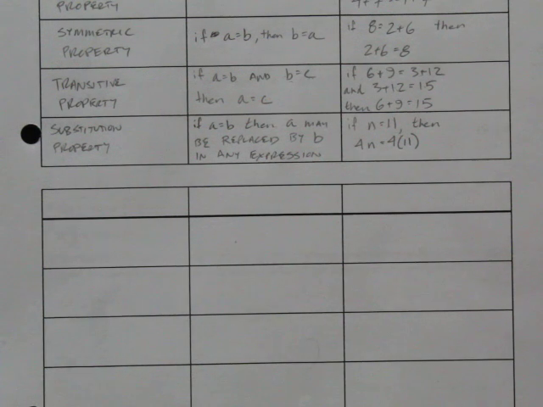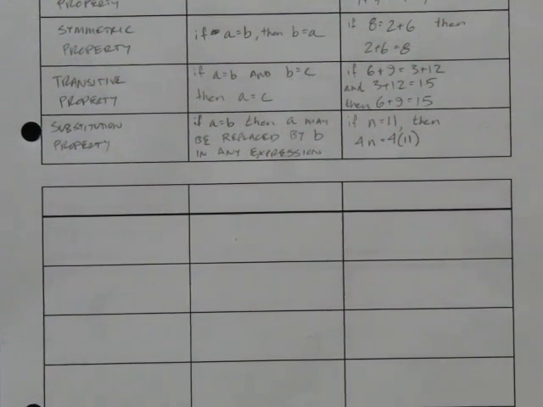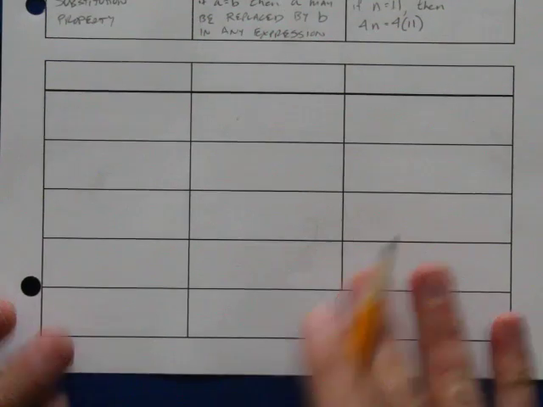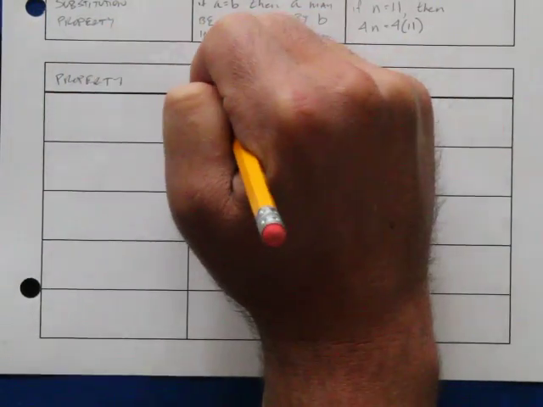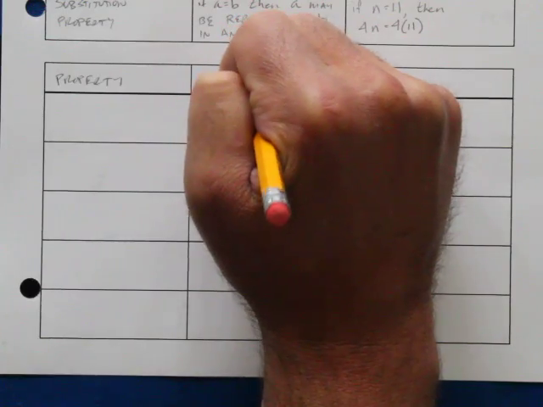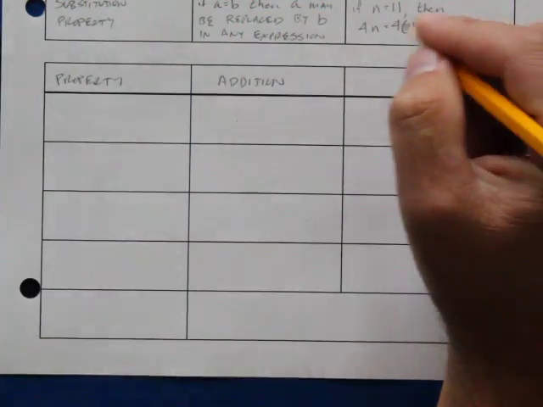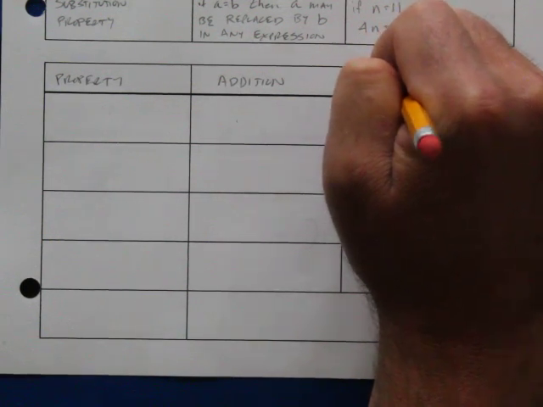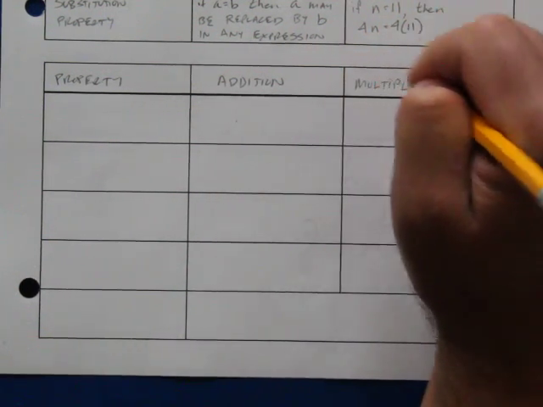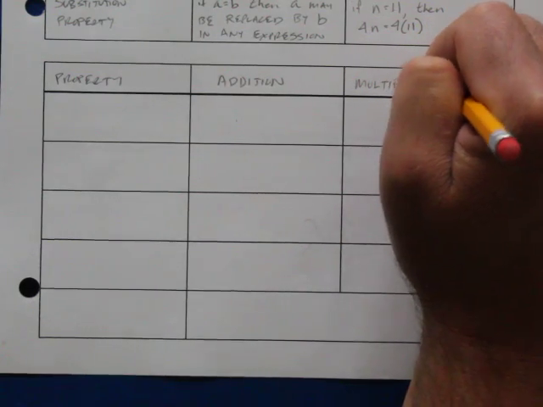That's how substitution works. Now we've got this other chart down here to fill out, and then just a couple examples that we'll do on the back. We have a property, and then we are going to do the addition portion or application of that property, and the multiplication application of that property.